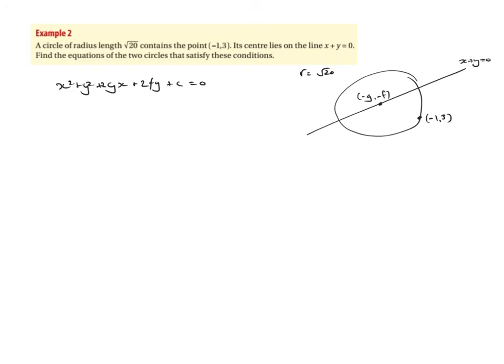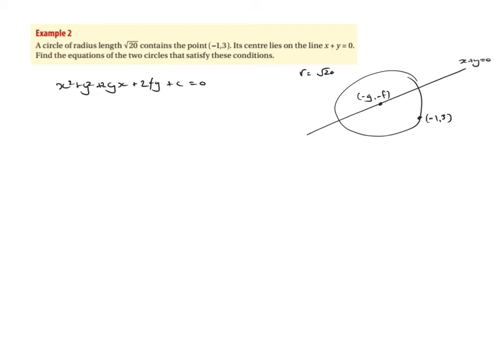And the information here that we can stick in, because we know a point on the circle, which is minus 1, 3, we can stick for our x value in here minus 1, and for our y value, we can stick 3. And we're going to end up with an equation with just g's, f's, and c's in it. So let's do that.